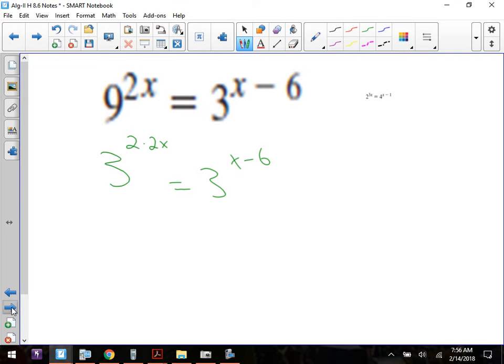All you have to do is log base 3 both sides, exponents drop. And you get 4x equals x minus 6. That's how you're undoing these things. 3x equals negative 6. You get x equals negative 2.